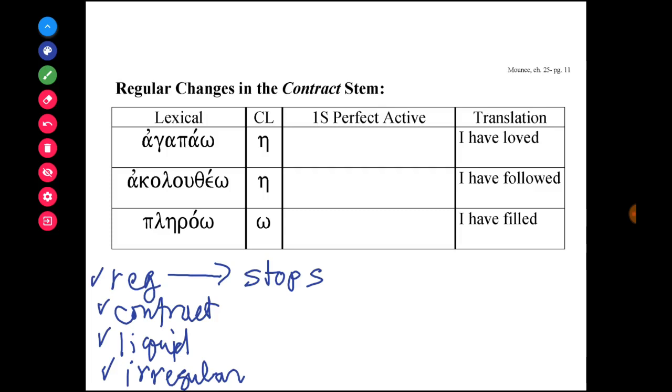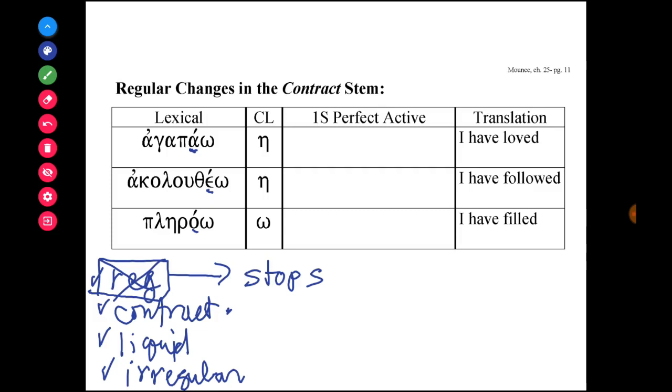I won't go over the regular verbs because they're regular, but let's go over right now the contract verbs. The thing about contract verbs is that it's a very easy rule. Just like with the aorist tense, contract verbs compensatory lengthen when they form the perfect tense.